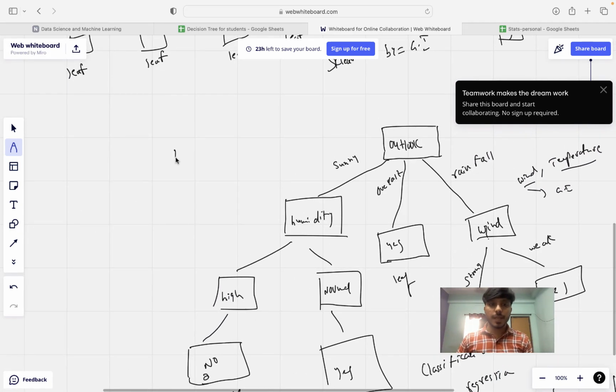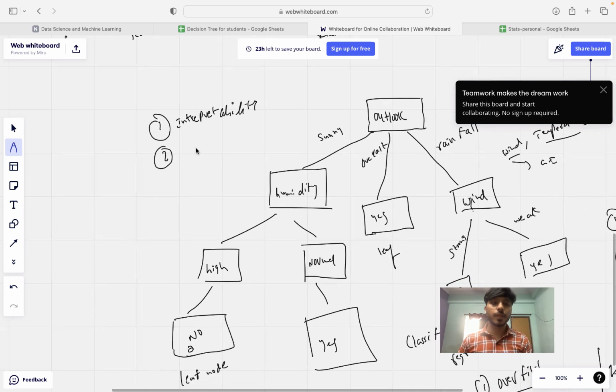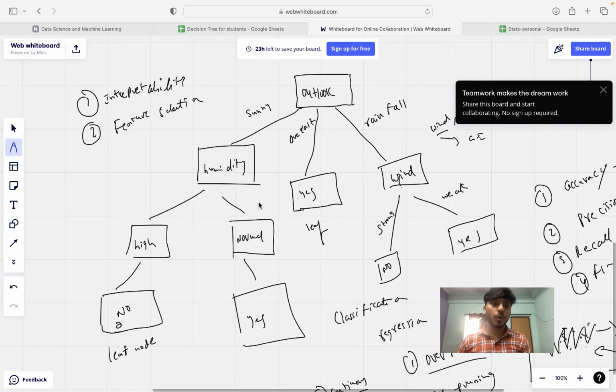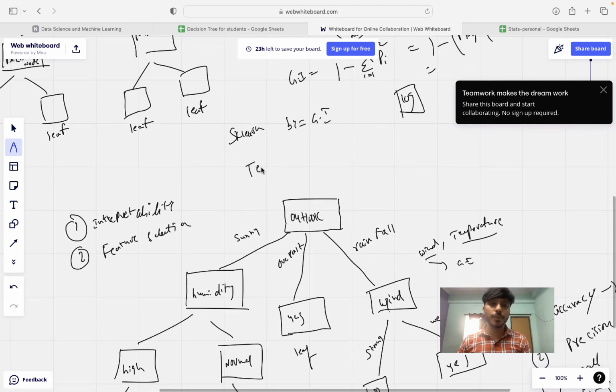the advantages, as I said, interpretability, second one is, as I said, it helps us with feature selection within. Okay, if you see outlook, humidity, wind columns are used, and we did not use temperature, so that means it has feature selected.